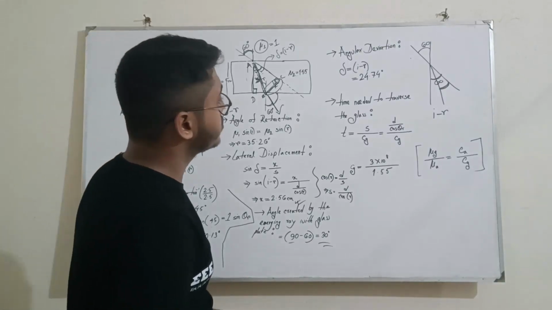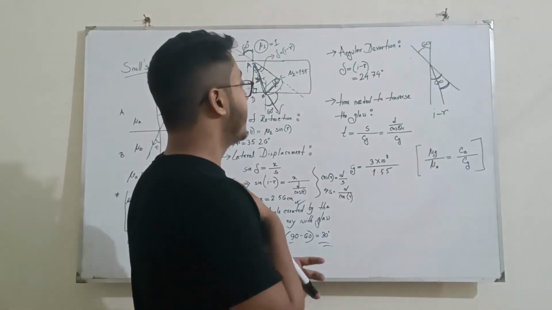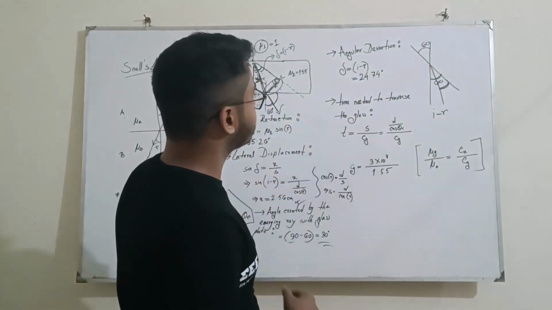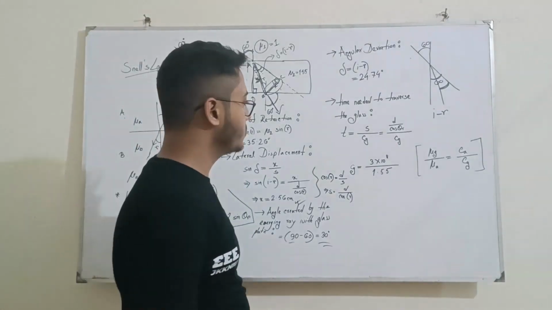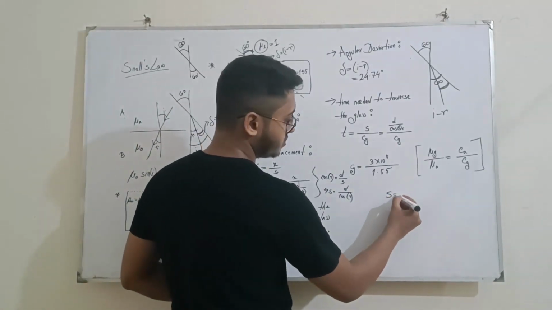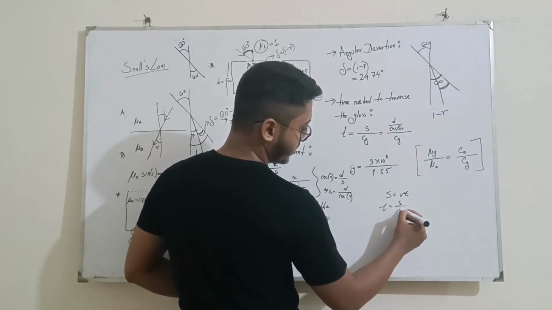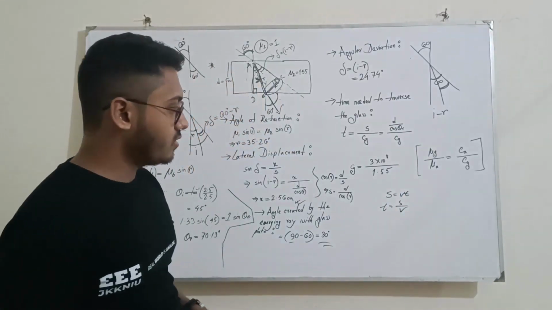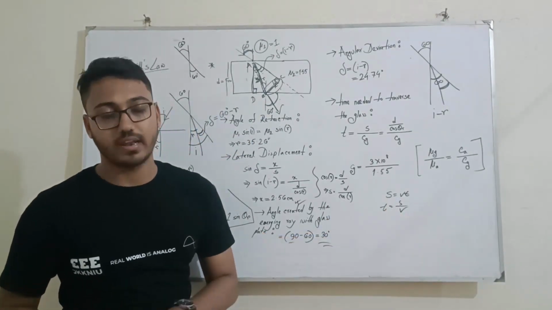Now, time needed to traverse the glass. The time needed to traverse the glass is, we know the formula s is equal to vt, so t is equal to s by v. Now the twist in this question is the value of v, or the velocity of light.